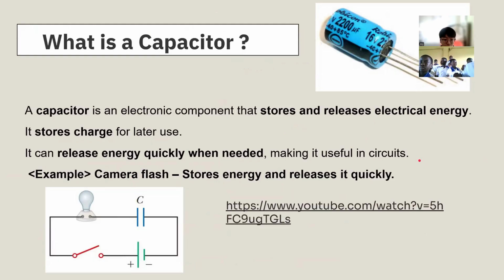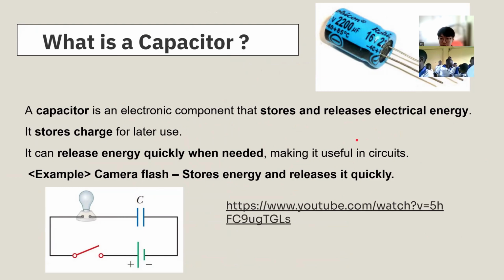Yeah, let's actually go over to a capacitor now. So you might be wondering what a capacitor is. So the two straight lines. A capacitor is an electronic component that stores and releases electrical energy.